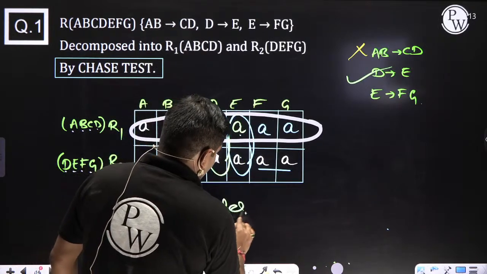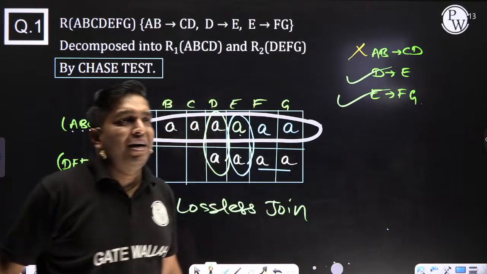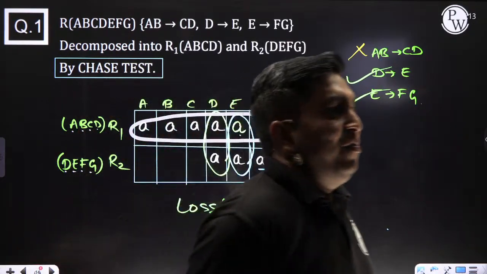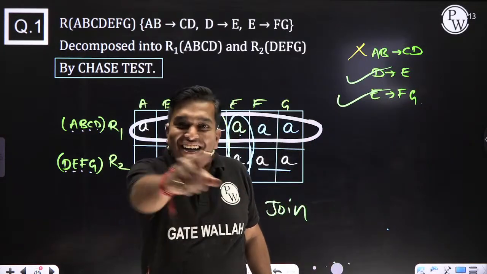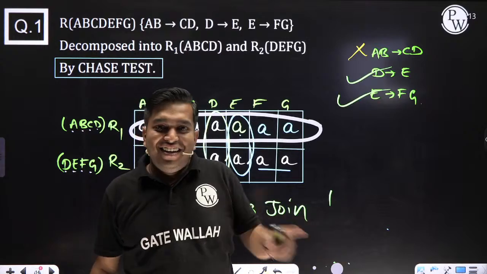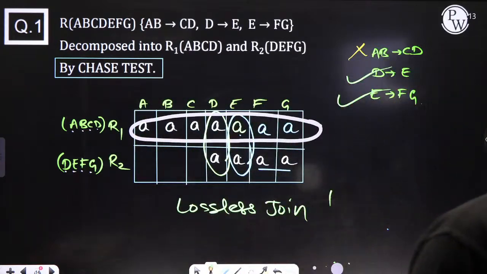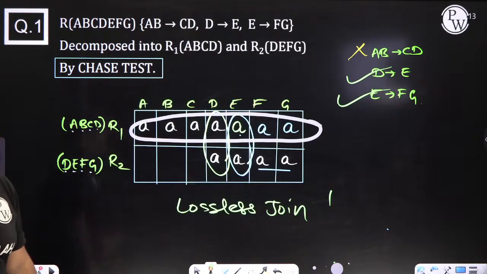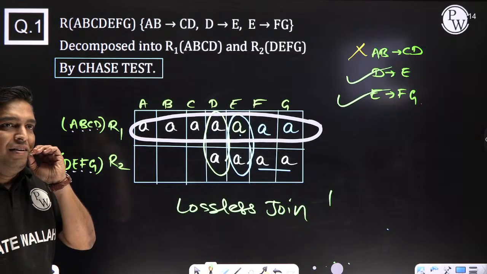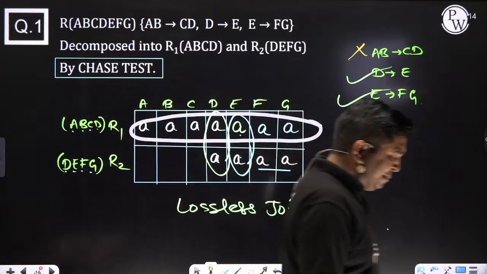Lossless join. Very good. The A entries are coming in the GATE-style question, that's why it is lossless. Clear everyone? Let me know fast.